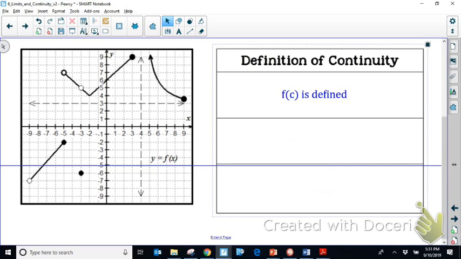Second, the general limit must exist. If the general limit does not exist, it cannot be continuous at that point. And finally, the general limit and the defined value at that point must be the same. And that's how we define continuity in calculus.